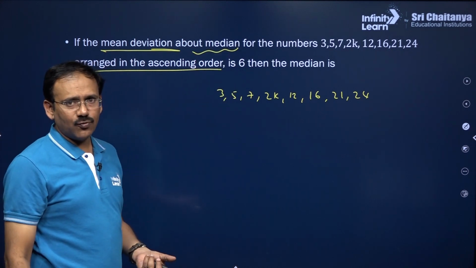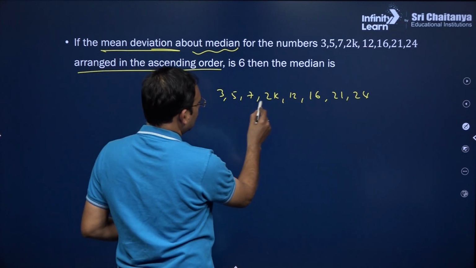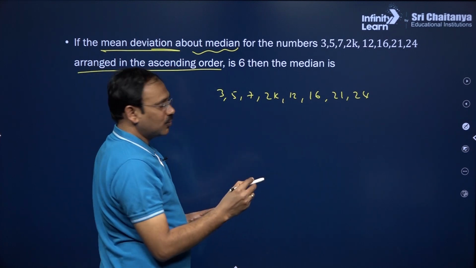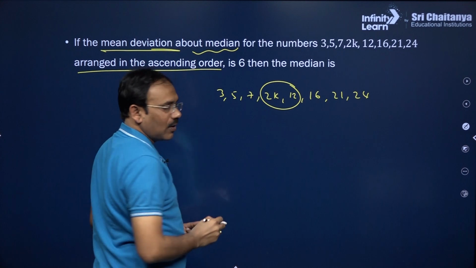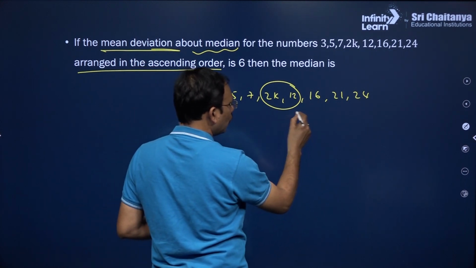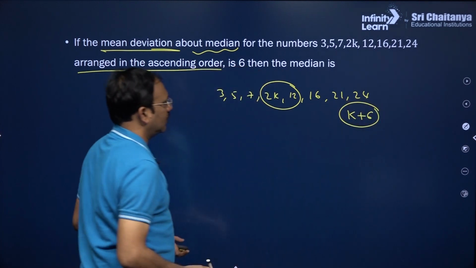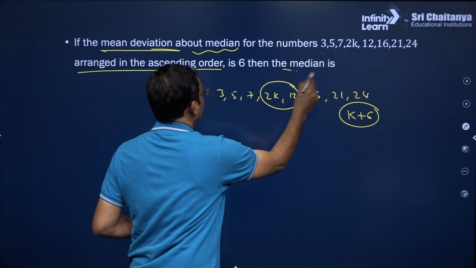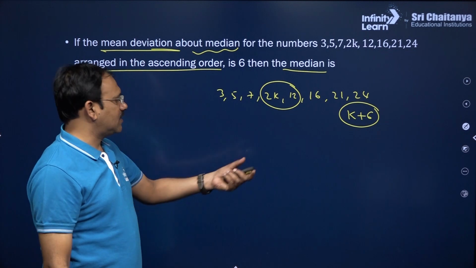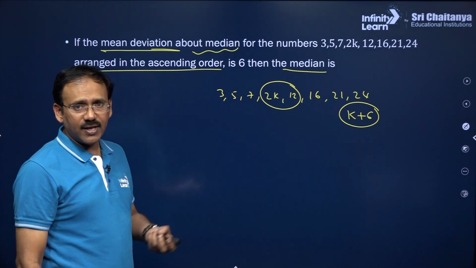So, first of all you need to find the median. There are 8 items, an even number of items, so you take the average of these two. (2k plus 12) by 2 becomes k plus 6, which is the median. Finally, he is also asking us to find the median, so the k plus 6 value I need to find. So, I need to find the k value.